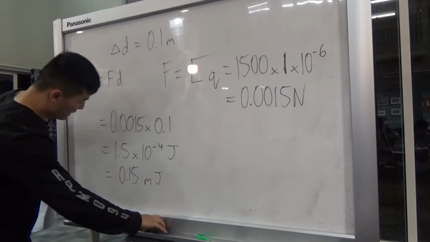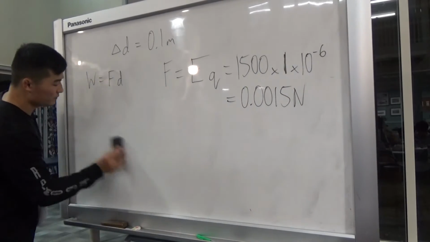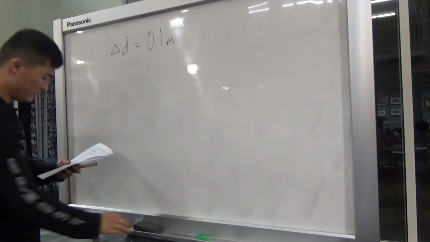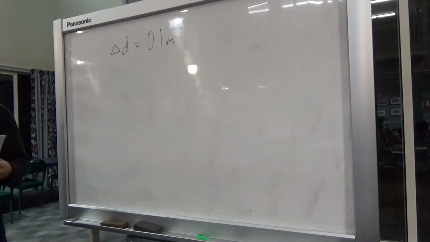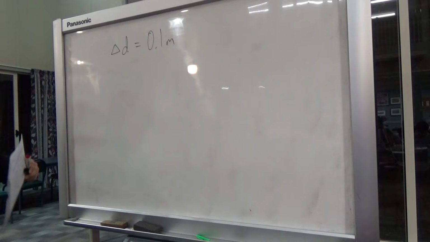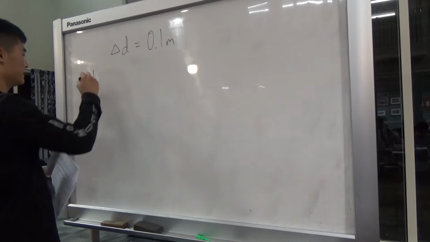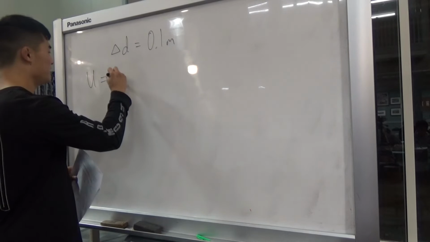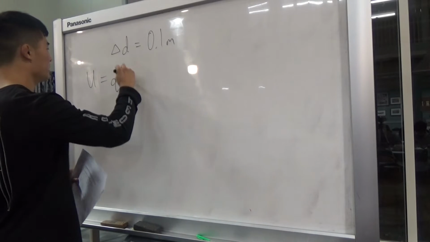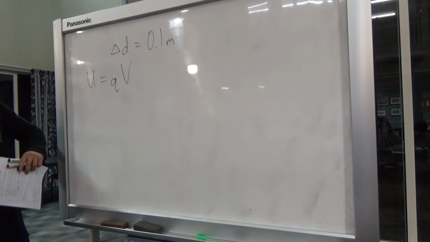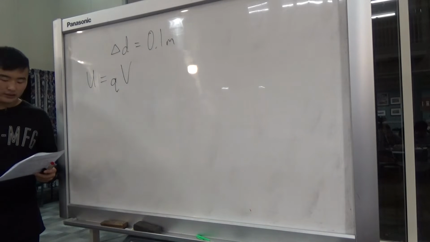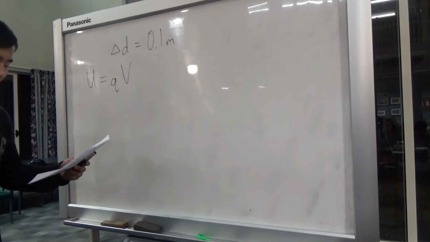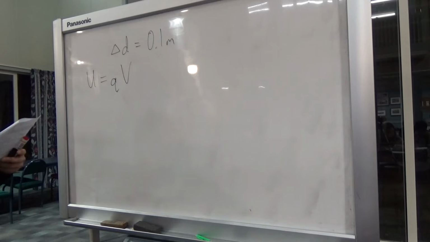And then your second way to find it out is to use the electrical energy equation. So we used this before. So the electrical energy U is equal to the charge Q multiplied by the voltage, or the potential difference that it travels through. So in this case, we need to figure out what the difference in potential is going to be.